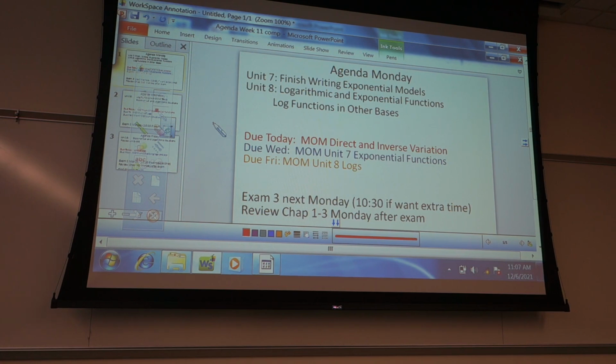The exams are worth 9% each, 27% total, and the final's worth 18%. So the final exam and exam 3 are worth the same amount as all of your homeworks put together.